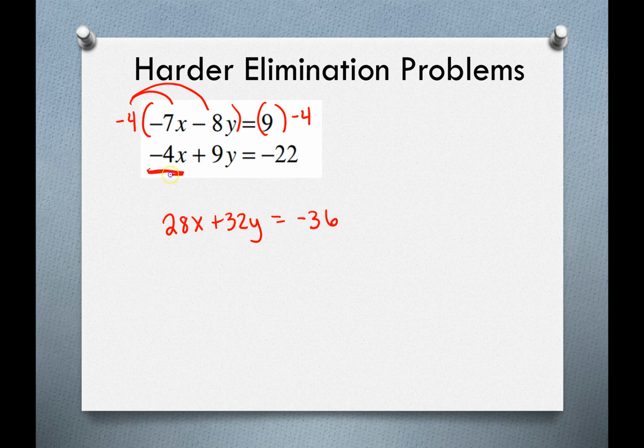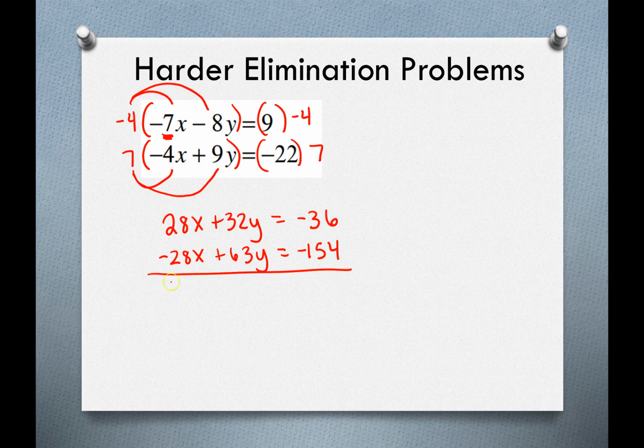I want this to be a negative 28x, so I'm just going to multiply the bottom one by 7. And that 7 came from knowing this number here. All right, so 7 times a negative 4x is a negative 28x. 7 times a 9y is a 63y. And 7 times a negative 22 is negative 154.